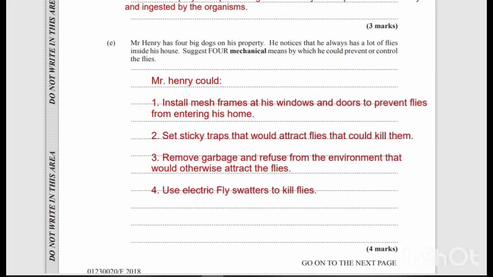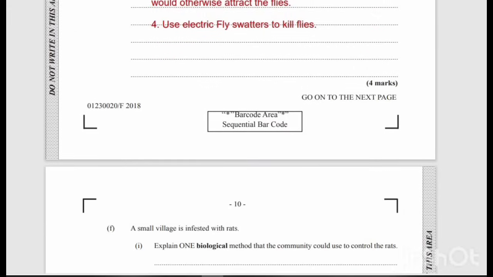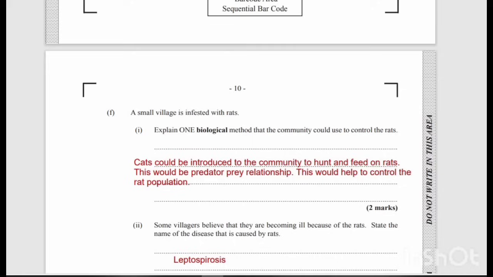If you can't think of anything else that he could do physically without using any chemicals, then so be it. If you even say that he could use a slipper and walk around and kill some of the flies, it would give you your mark. As long as it's a mechanical means, you get a mark. All right, so 4 marks for those suggestions.